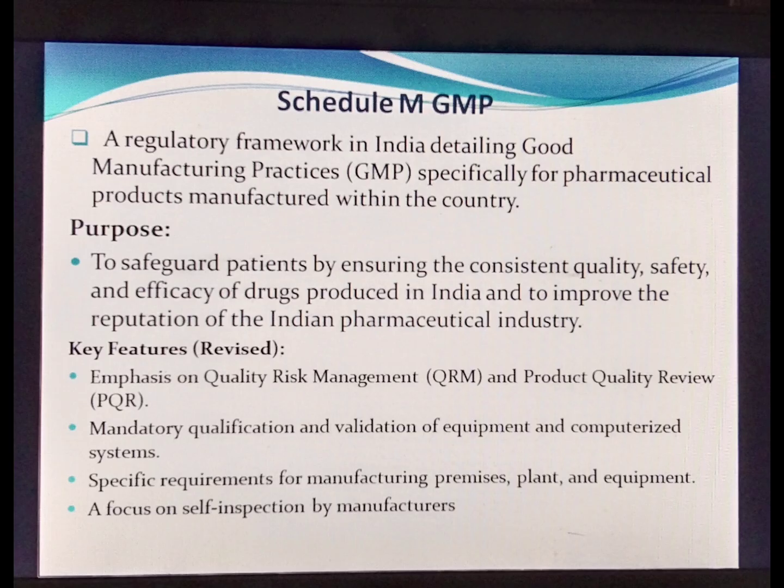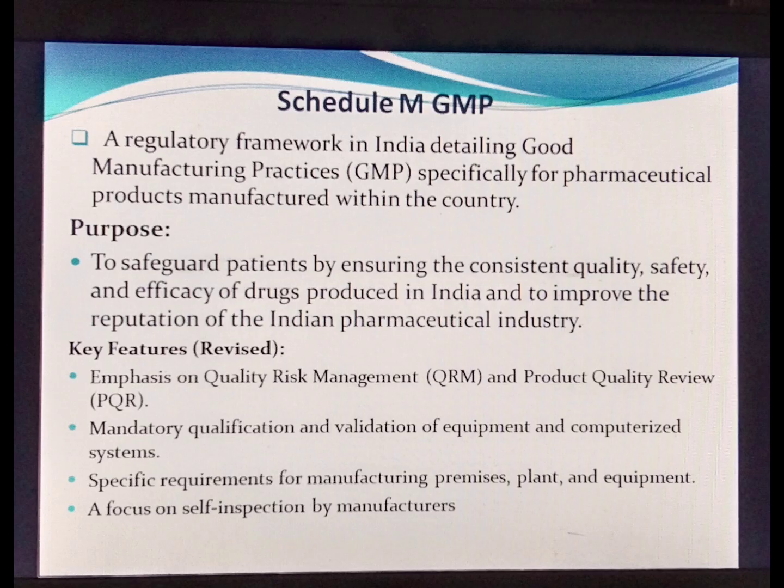Schedule M GMP, a regulatory framework in India detailing good manufacturing practices, especially for pharmaceutical products manufactured within the country. Purpose: to safeguard patients by ensuring the consistent quality, safety and efficacy of drug produced in India and to improve the reputation of Indian pharmaceutical industry.